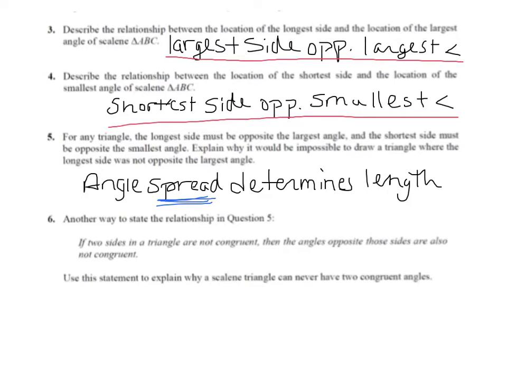We would need to have 2 equal spreads to have equal lengths of sides opposite. And again, since a scalene triangle can't have 2 sides of the same length, going backwards, it can't have 2 angles of the same spread to match up with that, therefore making it impossible for it to have 2 congruent angles.